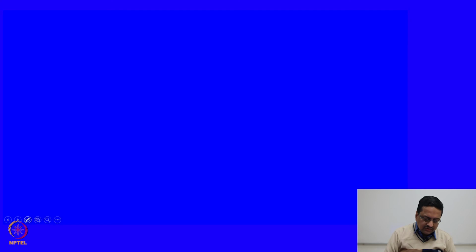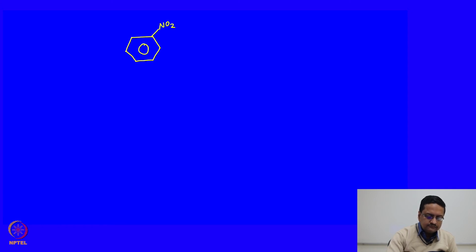So, I am trying to draw one such molecule which has a symmetry of type 3 or the groups indicated in type 3. NO2, CO2H.